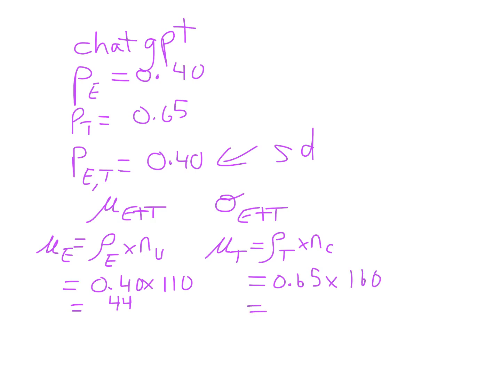And that comes out to, what does that come out to? I did multiply it, 104, I think. And so if you want the mean of both of those added together, just add the 44 plus the 104 and get 148 for your total for that part, okay?